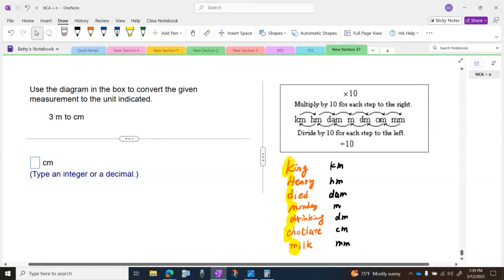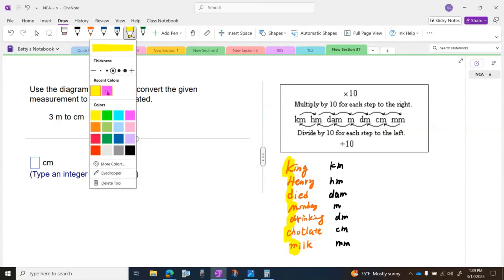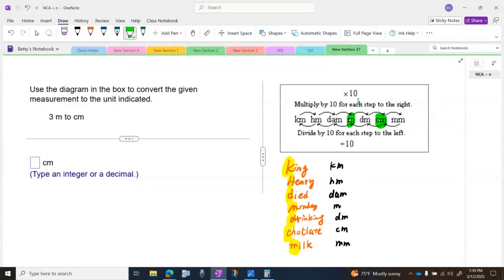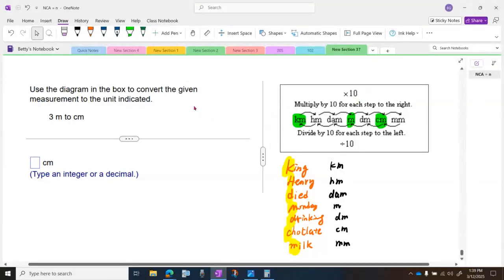Meter, centimeter, and kilometer are the three most commonly used units in the metric system. If you drive in another country, the speed limit will not be in miles per hour. It's going to be in kilometers per hour.